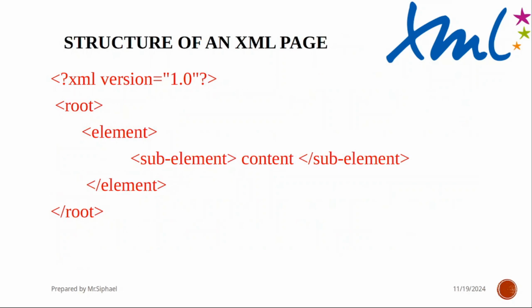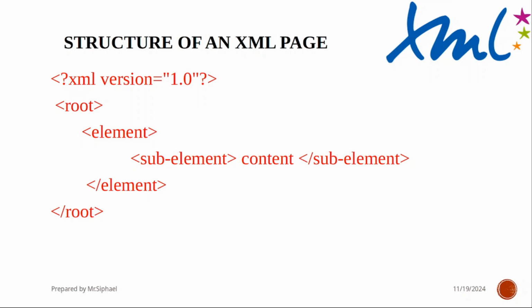So by now I'm sure you already have a good understanding of what the structure of an XML page is, but just to jog your memory, this is what we're referring to with an XML page structure. So we have the prolog part, where we've defined the processing information.